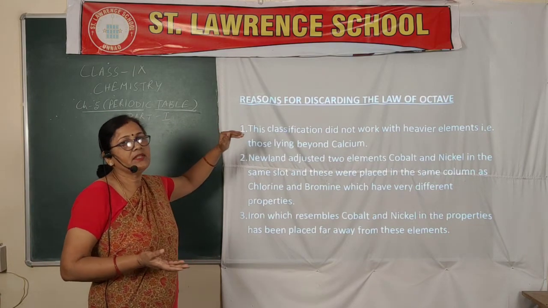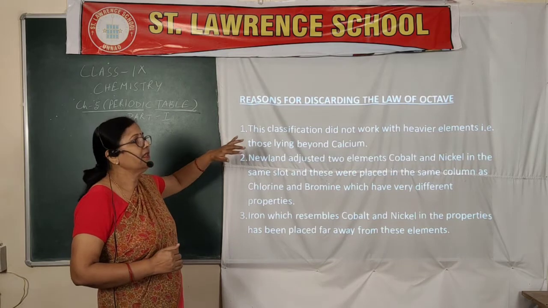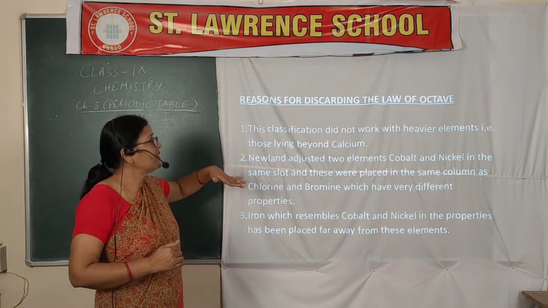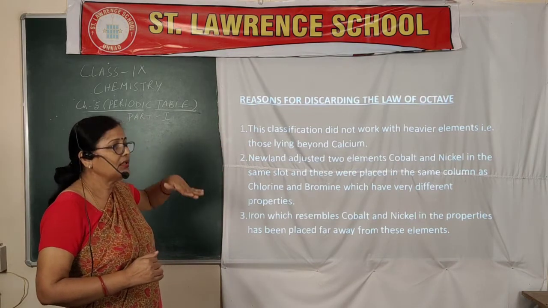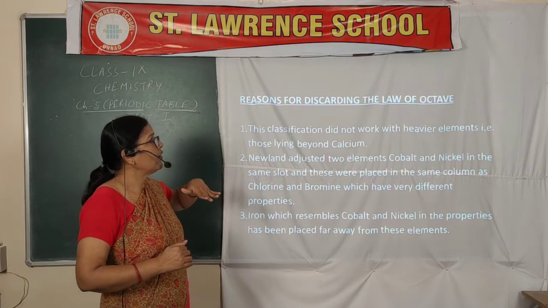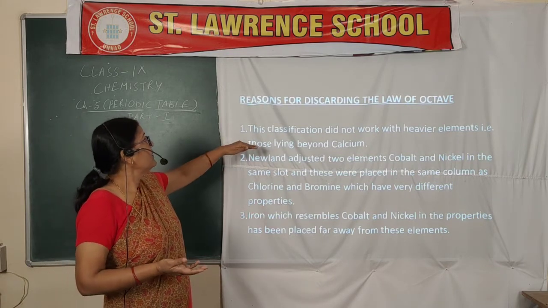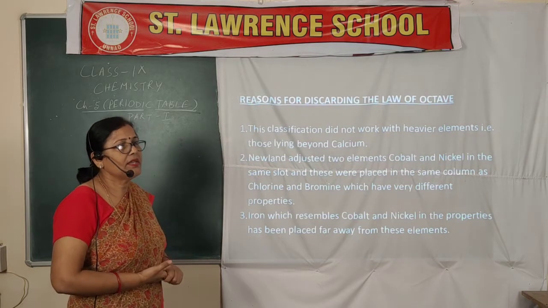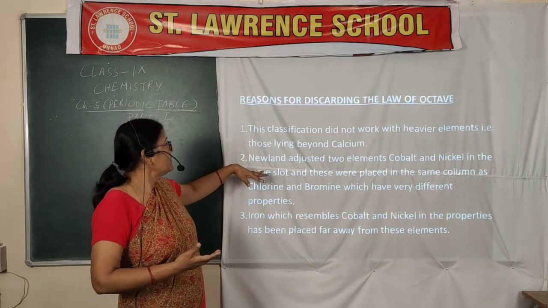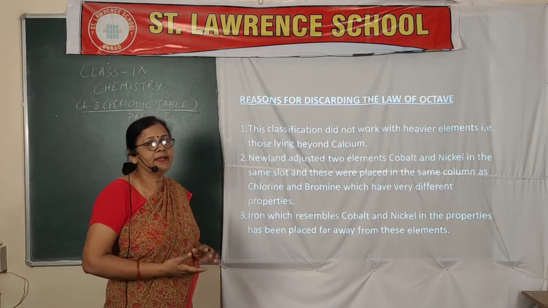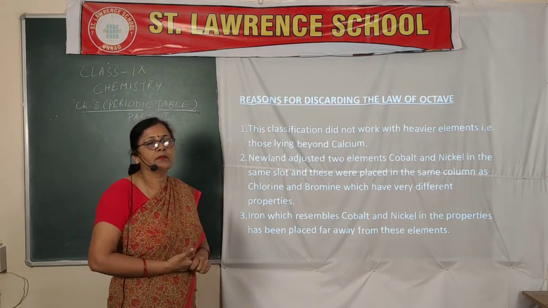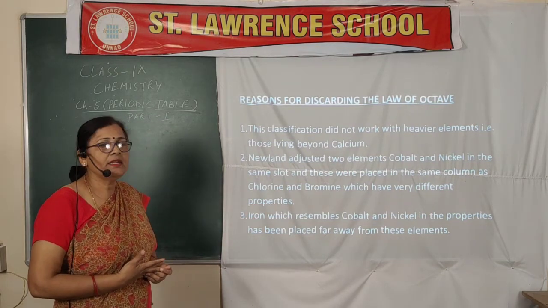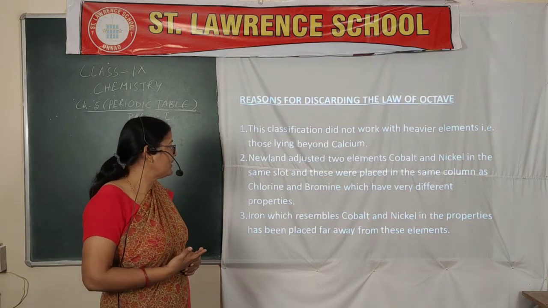The demerits are clearly mentioned: it is only for the light elements that the law of octaves holds. But why is it discarded? This classification did not work for heavier elements. Heavier elements means cobalt, nickel and iron, and these show magnetic property.